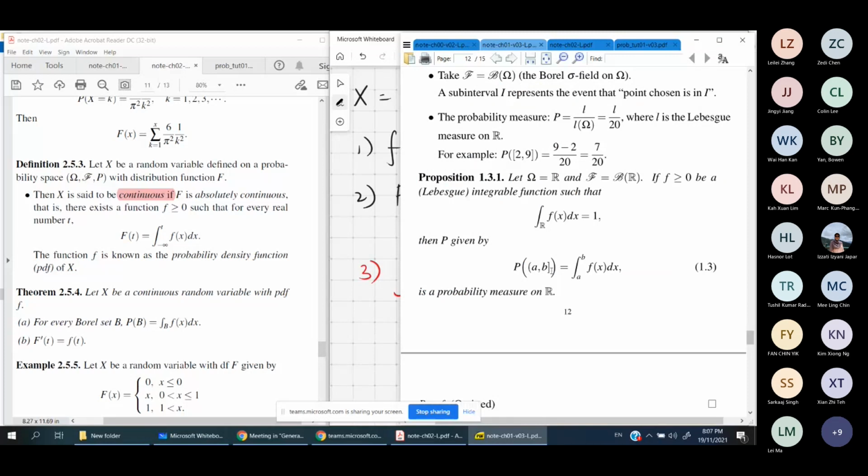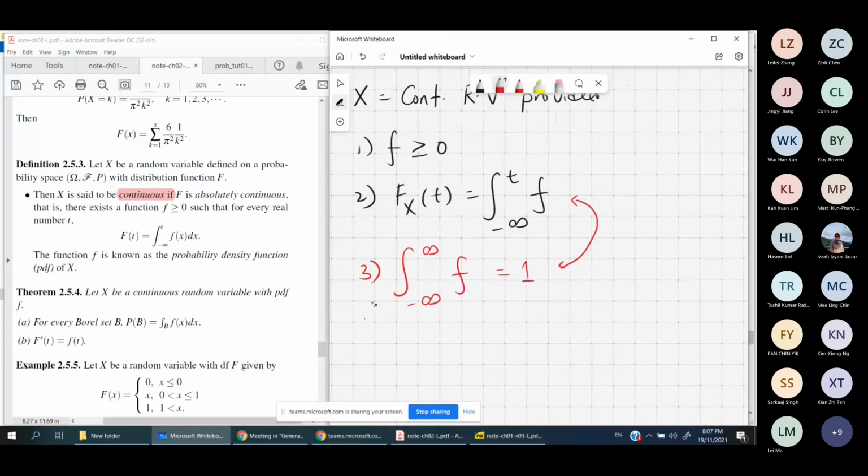P of any set will be the integral over that set. That means we can have number 4. In this case, the probability of X in A will be the integral of the function f over the Borel subset or the event A here.